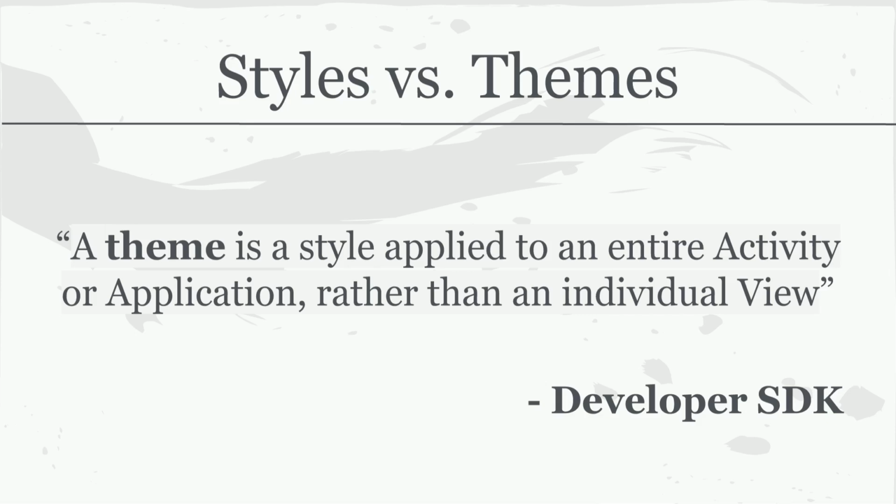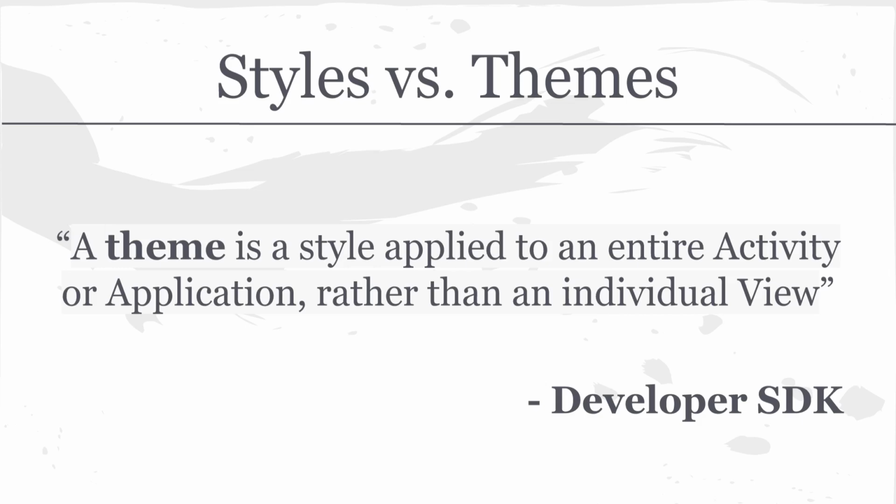You'd want that to be the same between activities, or the spacing between the views and the padding of the views. That's something that's a little more generic than text color, so you'd want that to be a theme as opposed to a style. So in summary, a style is a set of attributes which define the look and feel of a view, but when you apply that style to an entire activity or application, it just becomes a theme for that application.